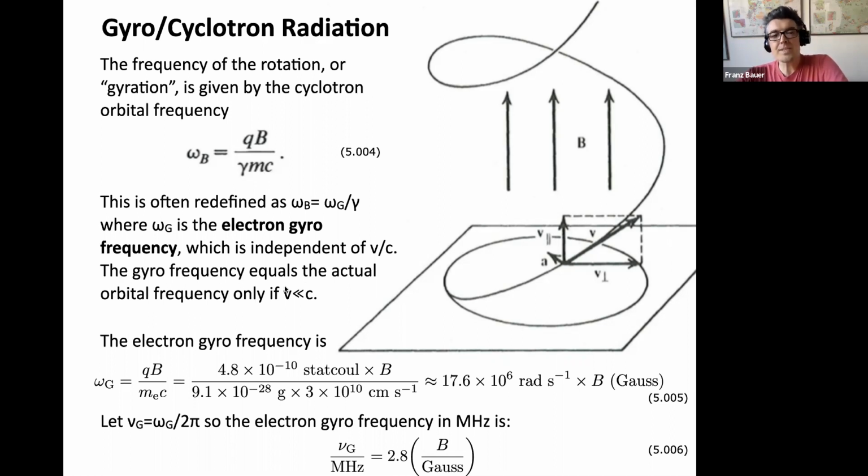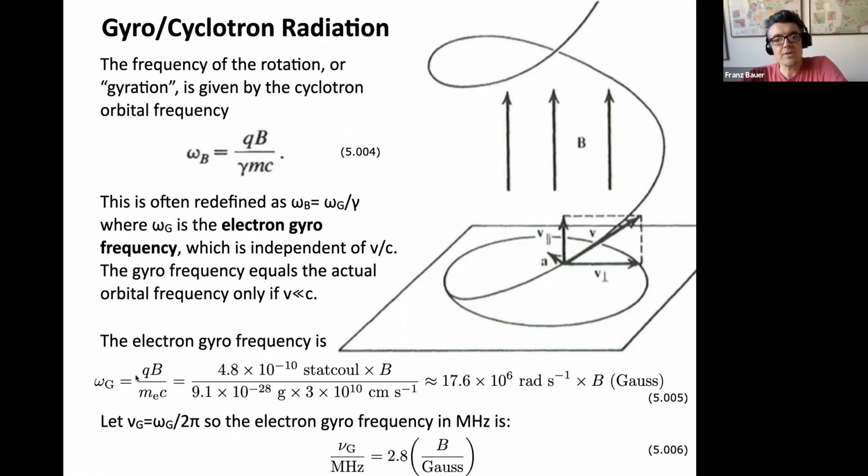The gyro frequency will equal the actual frequency only when v is much, much less than c, and gamma therefore goes to 1. But when gamma is large, this frequency is lower, sorry, not faster, slower, than this one.